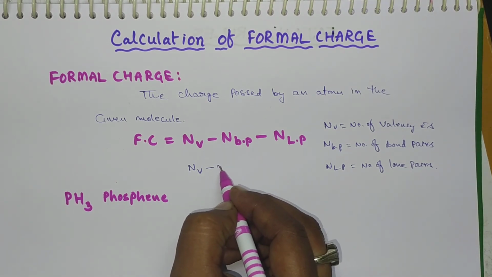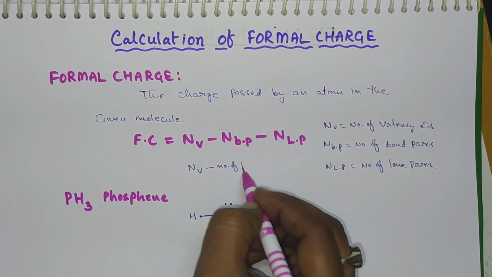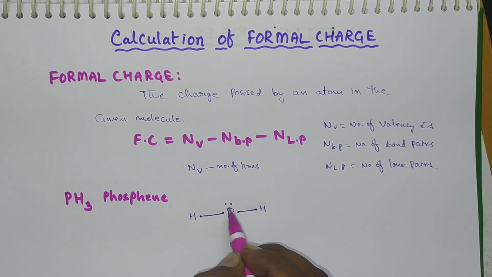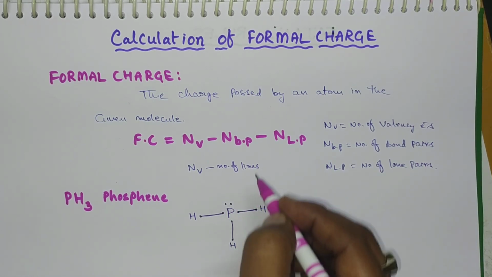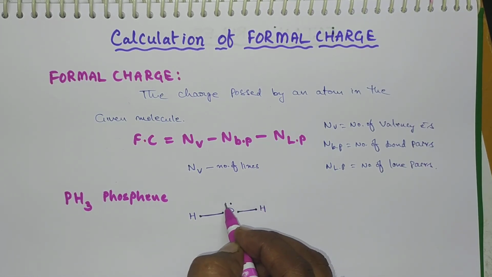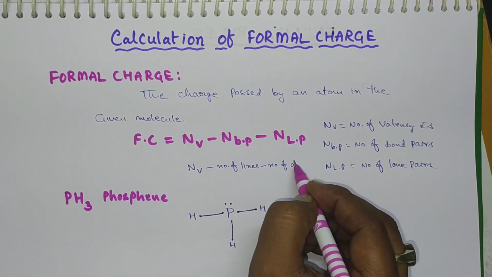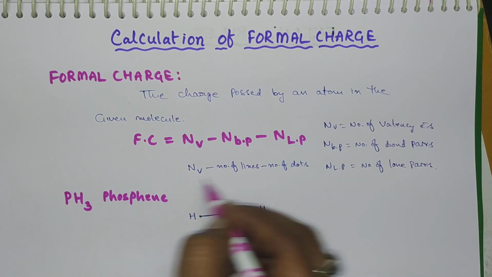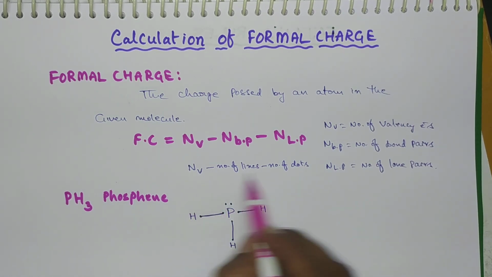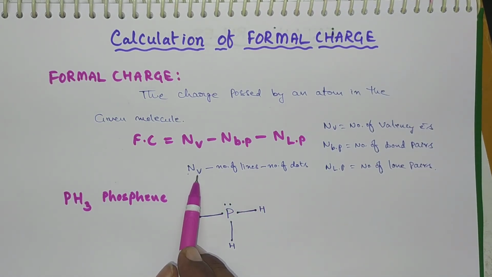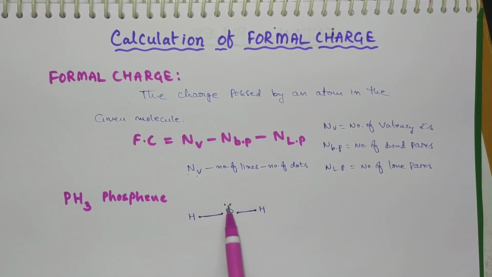Minus number of lines. The lone pair electrons can be represented by dots, so minus number of dots. So we can remember this trick: number of valence electrons minus number of lines minus number of dots.